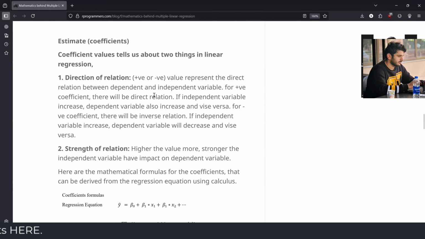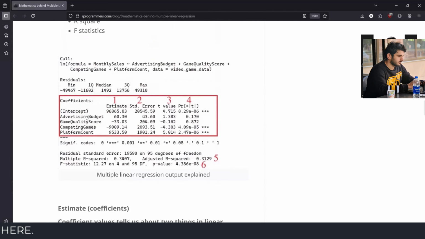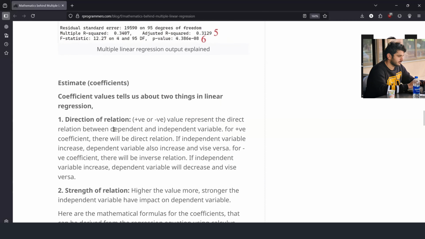If we are talking about advertisement budget and monthly sales, the t-value is a test that shows the significance of the relationship, and the probability is the probability of this particular t-value test statistic. So this t-test gives us a probability value, and based on that probability value, we can tell if there is a compelling relationship or not.